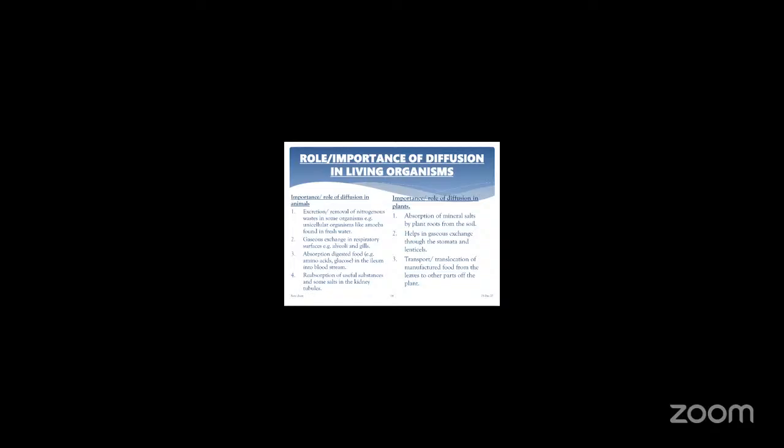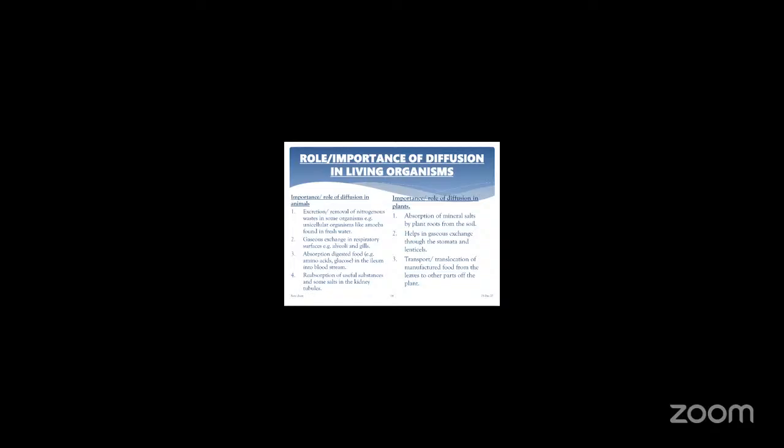But one of the products that come from the process of photosynthesis is oxygen. Plants release that oxygen to the environment, and then that oxygen will be absorbed by animals. Therefore, exchange of carbon dioxide and oxygen in plants also takes place through diffusion. So we can comfortably say gaseous exchange in plants also takes place through diffusion. I hope I'm well understood.